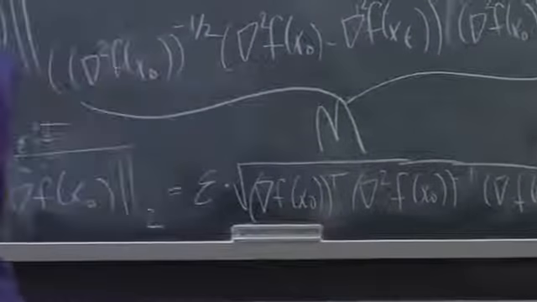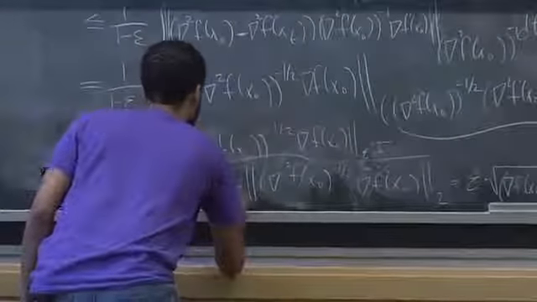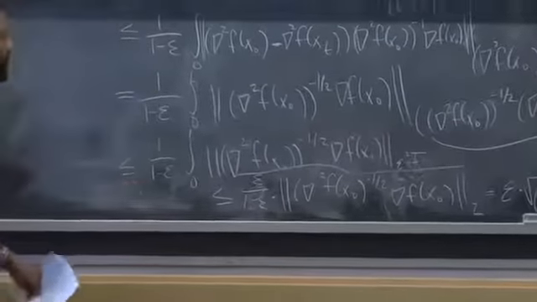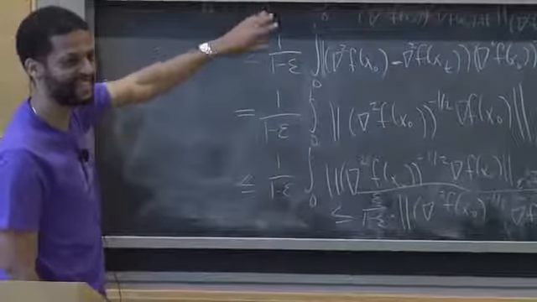Oh, it's actually epsilon over 1 minus epsilon, because of this 1 minus epsilon. Okay, so enough calculus. That's Newton's method.